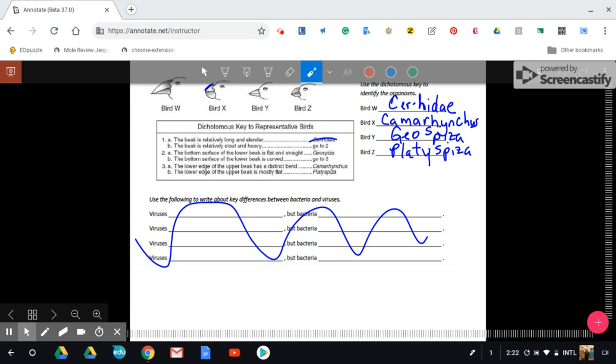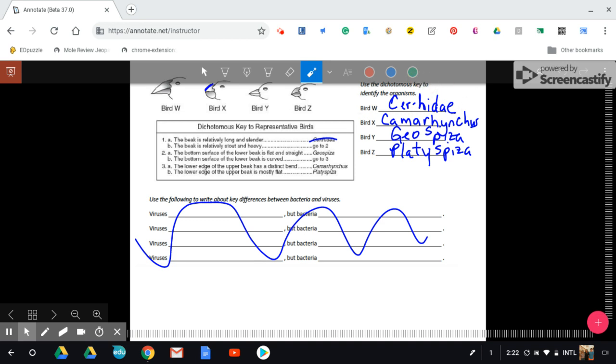All right, dichotomous key. When you're looking at this dichotomous key, it asks you to identify the different birds. If I look at bird W, the beak is relatively long and slender. And yes, that would be that one.